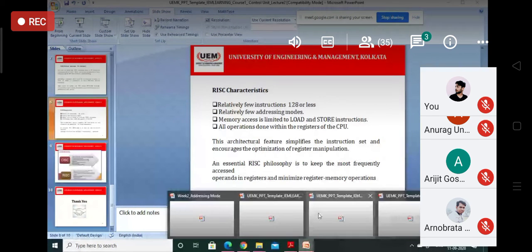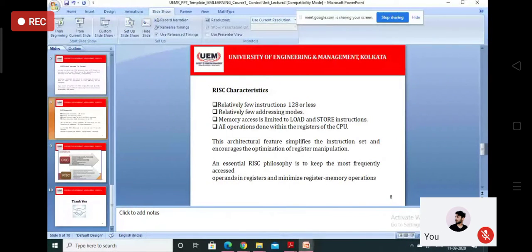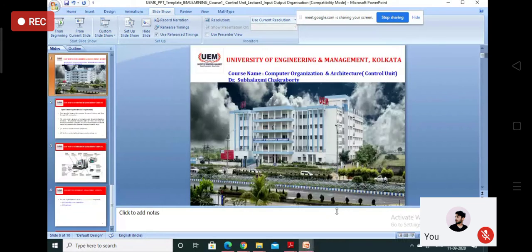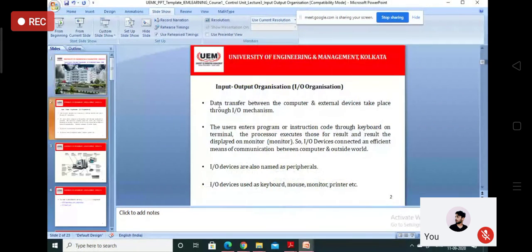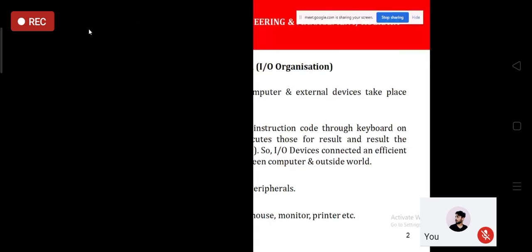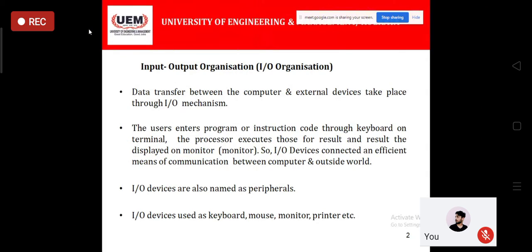Now, one thing I would like to mention here is the last one, that is input output organization, the last part of module 4. You have seen that input output organization means IO. We know that it is IO related operation.